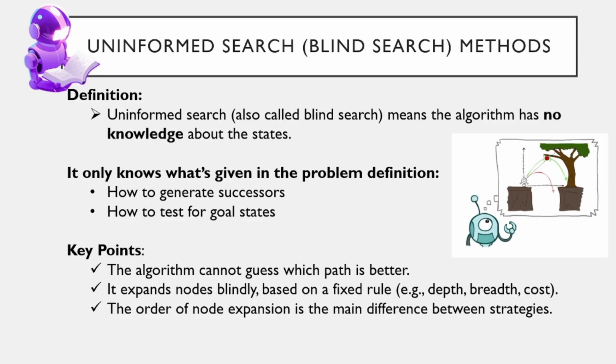So that's exactly what an uninformed search algorithm does. It has zero extra knowledge about which direction is better. No sense of distance to the goal, no intuition.